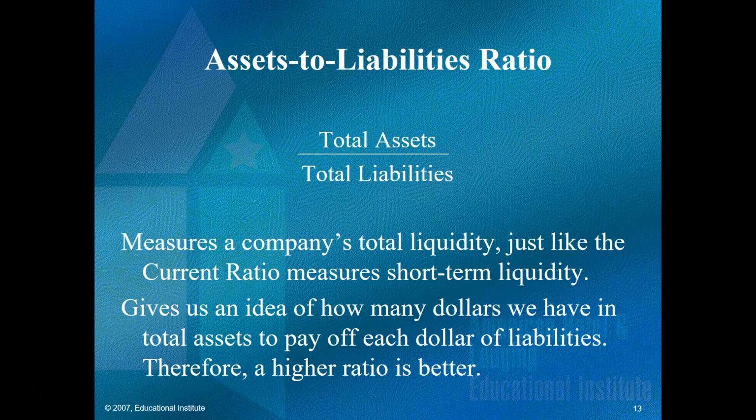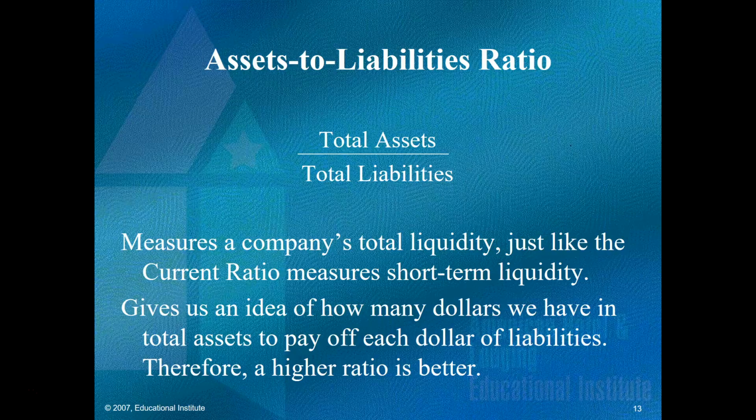All right. So again, pay off each dollar of liabilities. Therefore, a higher ratio is better. What this result is going to give you is how many dollars we have in assets to every dollar in liabilities. It could give you a ratio of 2, which means we've got $2 in total assets versus every dollar in liabilities.